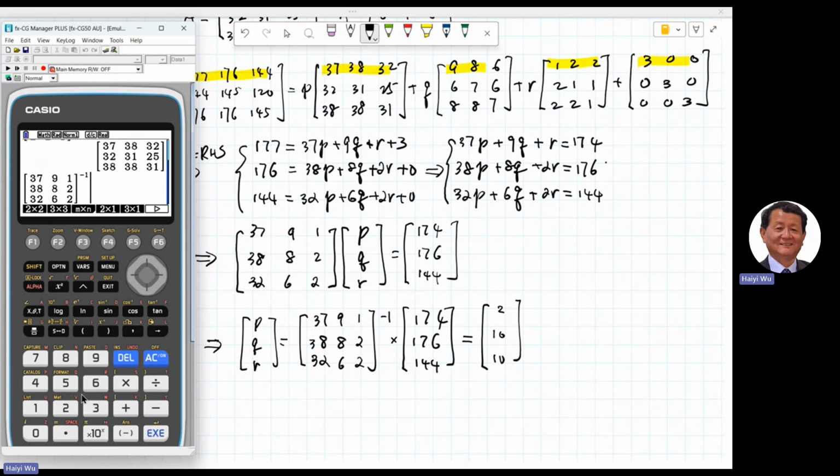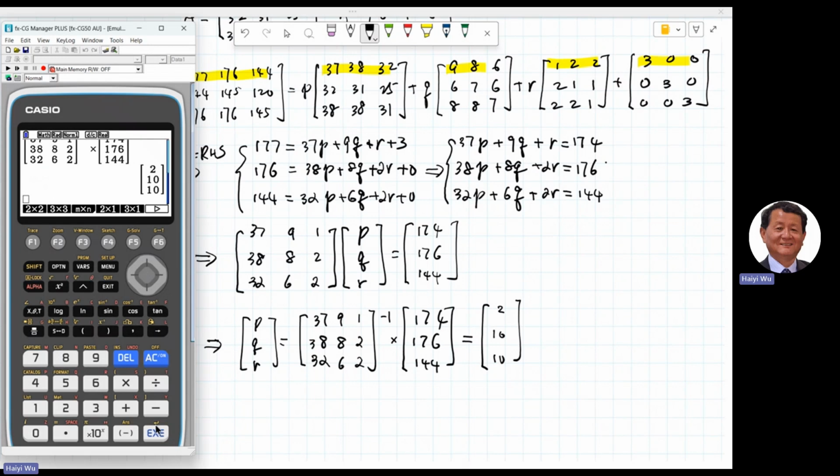Then you multiply by a 3 by 1 vector: 174, 176, 144. You can go down to the next cell, move out, and press enter.